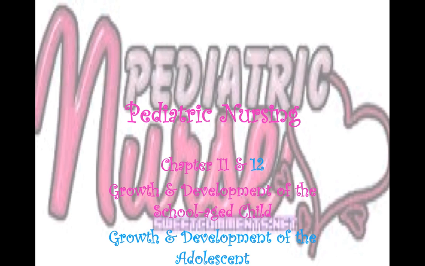Whereas if they have a hearing condition, they may only speak 2 or 3 words. So things like this we will talk about. But for now, we will stick to the growth and development of the school-age child and the adolescent.